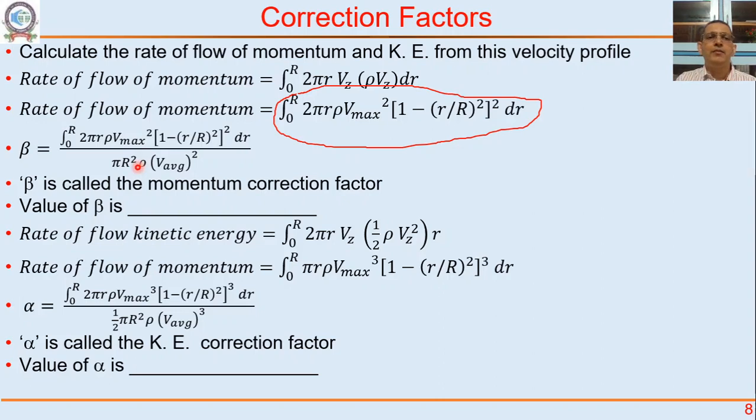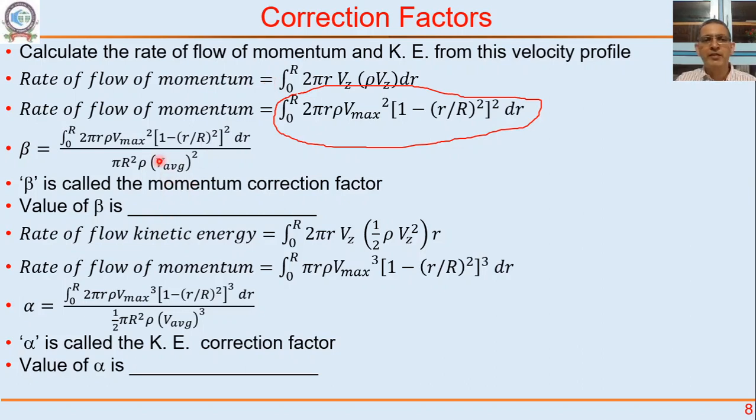And why this beta is important is because we don't want to evaluate this integral. We don't want to do it every time the velocity is changing, or every time we encounter a situation where flow is parabolic, given by this expression. We would rather calculate momentum from this expression and just simply multiply by beta, and then that will give us the actual value of rate of flow of momentum.